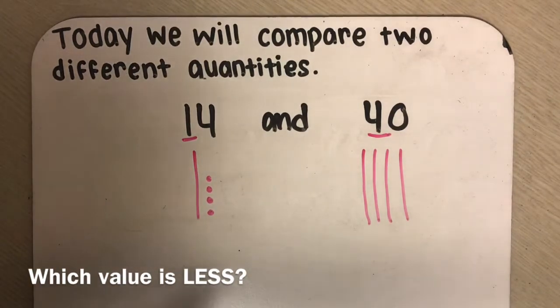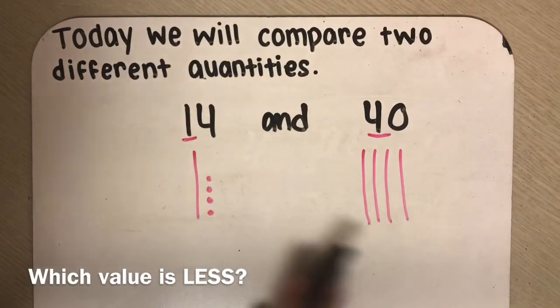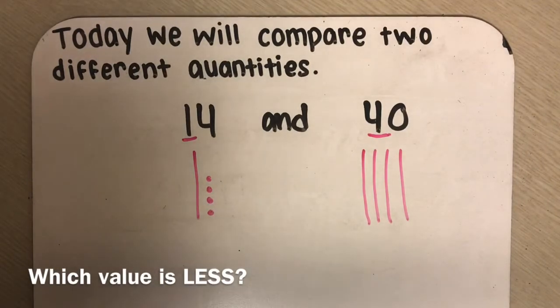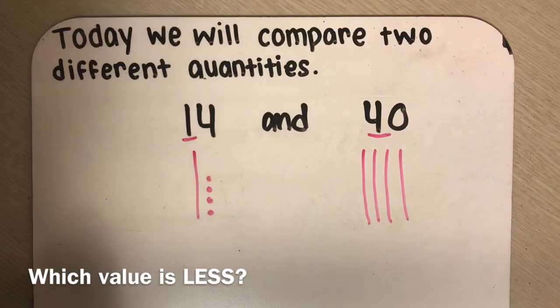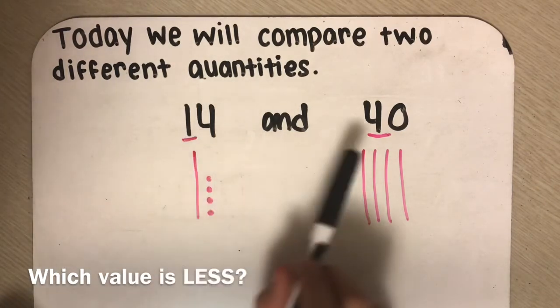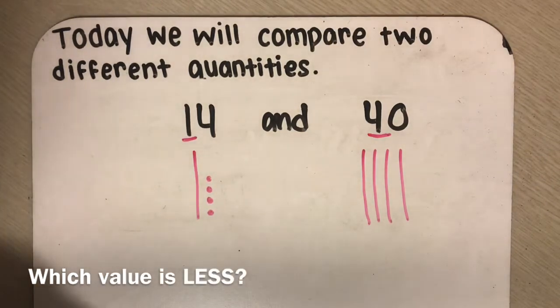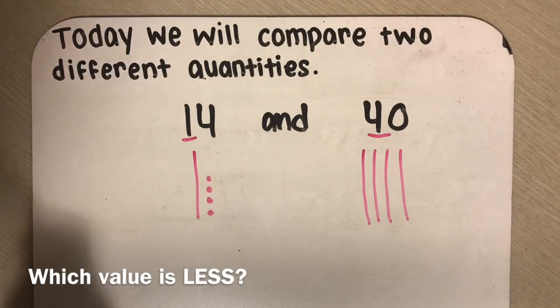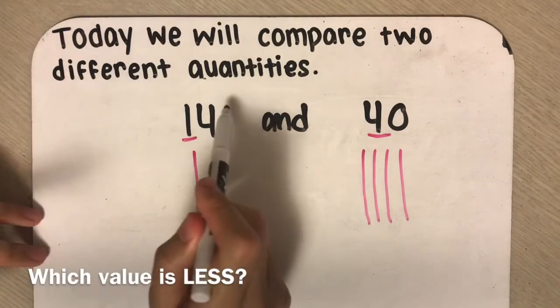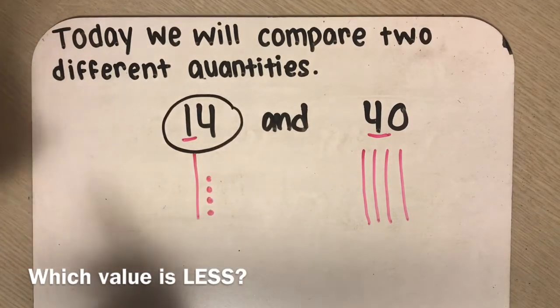Alrighty, first graders. Now that we have our quick tens, can you tell which number is less? Is it 14 or is it 40? And remember, less means the number is smaller. Which number is less? If you said 14, you are correct.